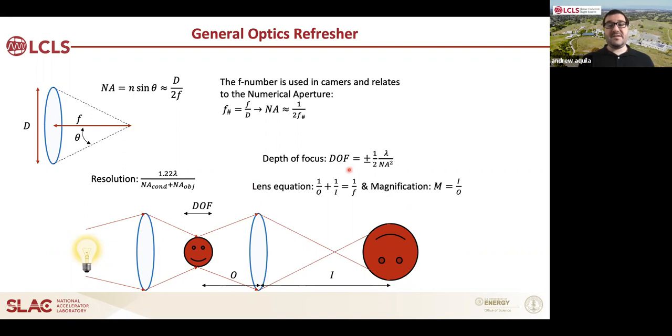And the depth of focus is approximately 1/2 lambda over NA squared. With magnification of the object, how far you can see is the distance of the lens from the image screen, divided by the distance of the sample to the lens, and that is how magnification is.